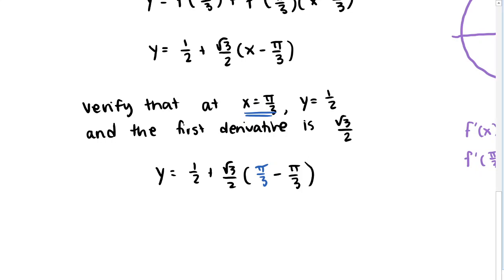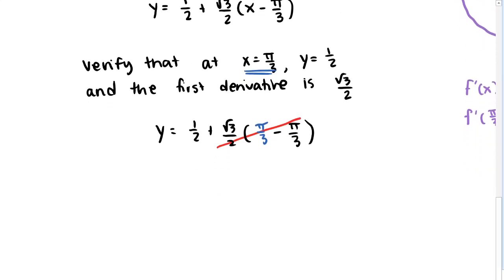And so we're going to have 0 times the square root of 3 over 2, and we're just going to get back 1/2, right? So plugging in the x value of the point of tangency forgets about this latter part of the equation and just gives us that constant term in front, which was the output value of our original function in the first place.